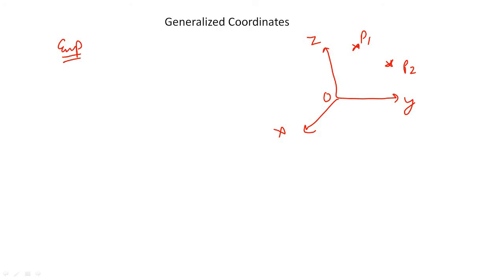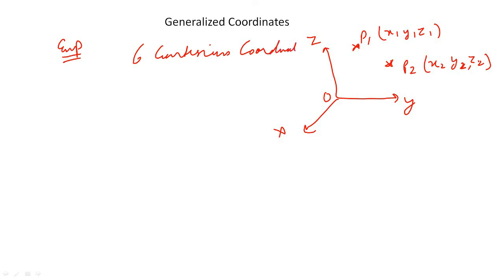They will have Cartesian coordinates, say x1, y1, z1 for P1 and x2, y2, z2 for P2. Now to specify the position of this dynamical system, which consists of two free particles with no restriction between them, we require 6 Cartesian coordinates, or we can say there are 6 degrees of freedom for this system.